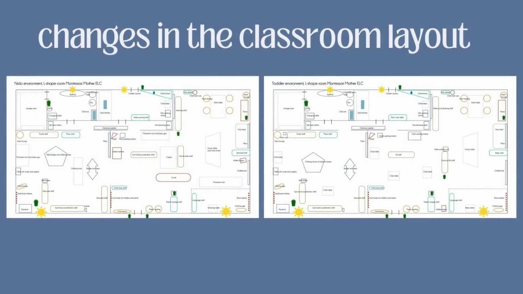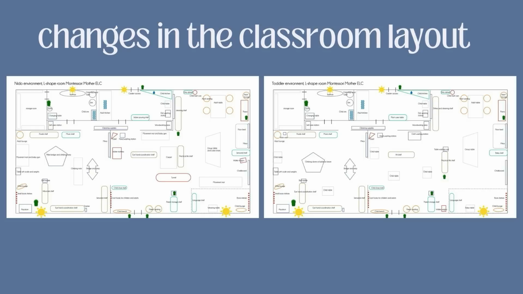Here is the layout you saw yesterday of the Nido classroom on the left, and on the right is the same environment in our school after it's been changed to the setup for a toddler class. As you can see, there are many consistencies, but the following changes have been made. So the movement mats have been replaced by toddler tables and chairs.